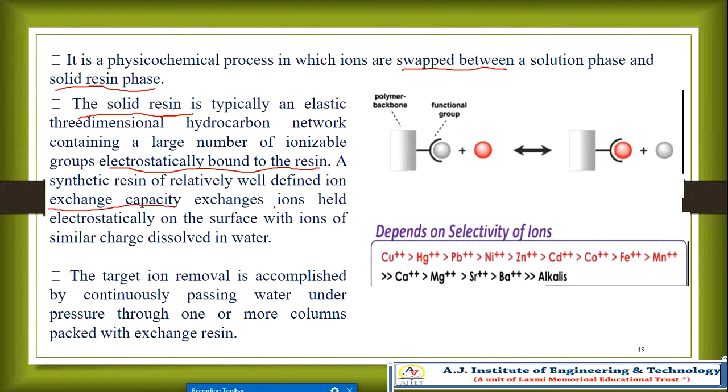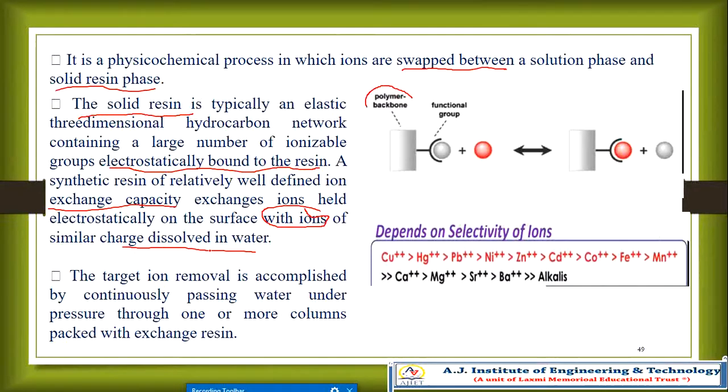It exchanges ions held electrostatically on the surface with ions of similar charge dissolved in the water. So this is a polymer backbone and functional group, which depends upon the selectivity of the ions.